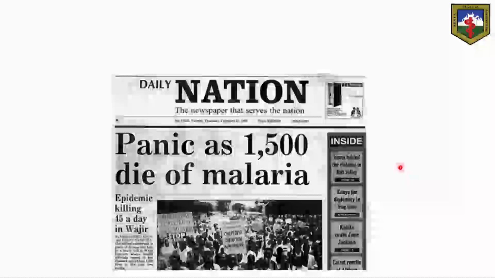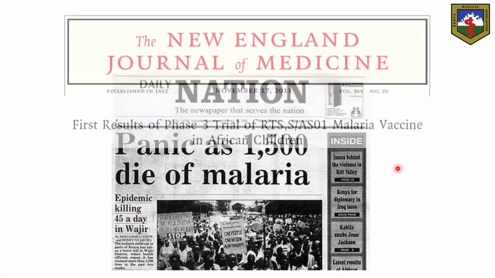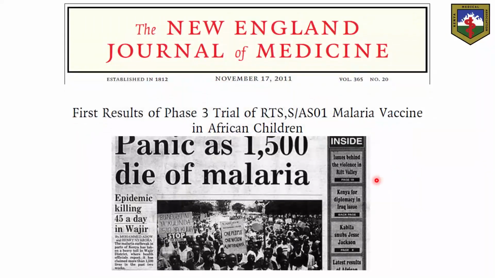But this, as a result of research again, in 2011, I think the first phase of malaria vaccine, we got the first results. The malaria vaccine is far from perfect, but it had shown efficacy of about 35%. That's the RTSS vaccine. And it is already looking very promising, and there's been a lot of work that has gone on into the malaria vaccine since 2011, and the research has already been published.